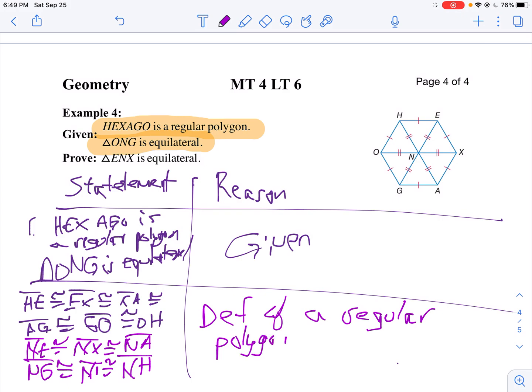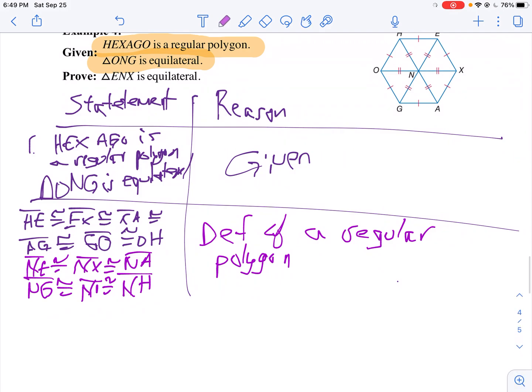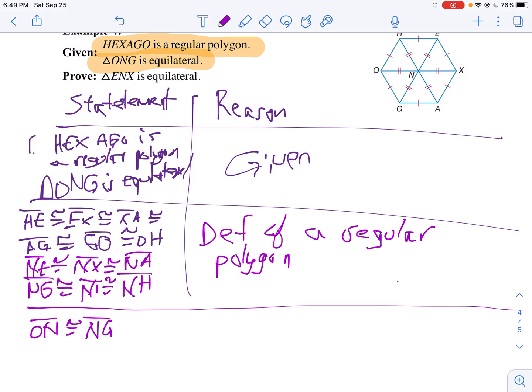Now let's use our second given. Because I know triangle ONG is equilateral, that tells me segment ON is congruent to segment NG, which is congruent to segment OG.